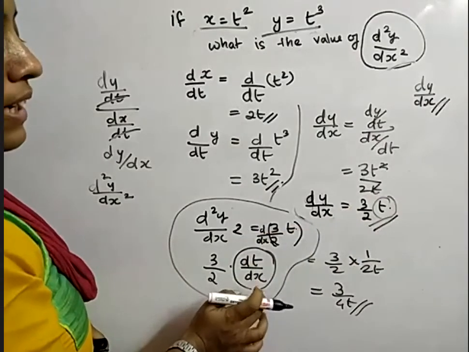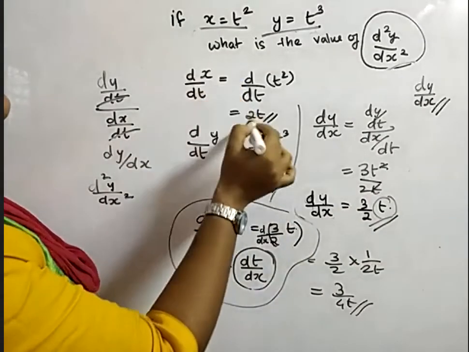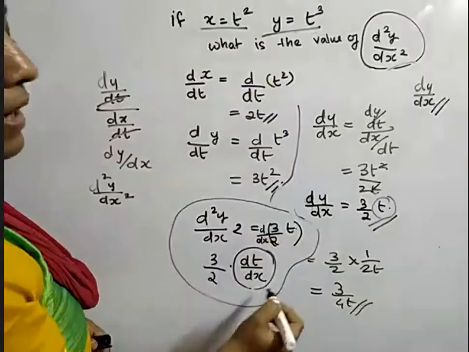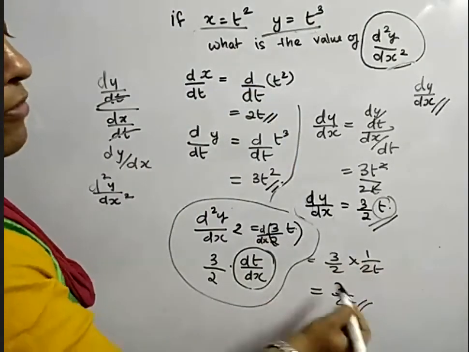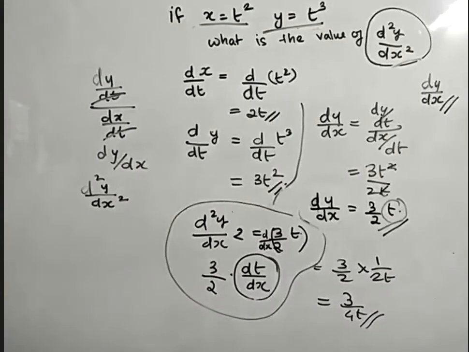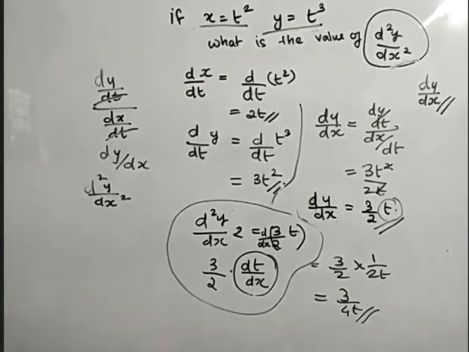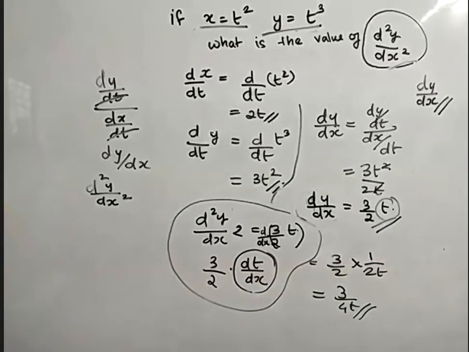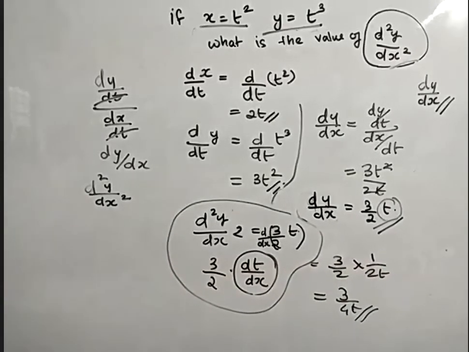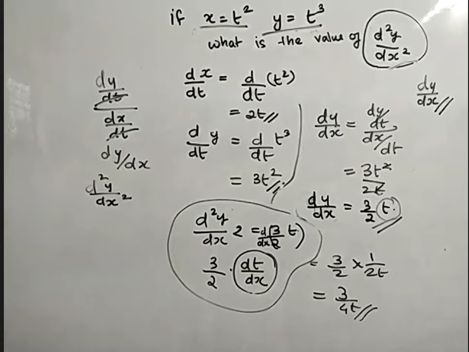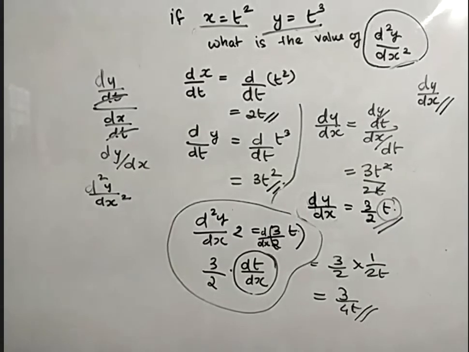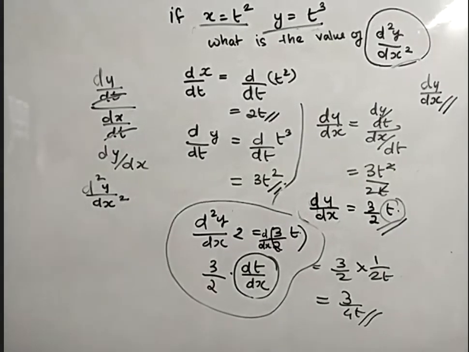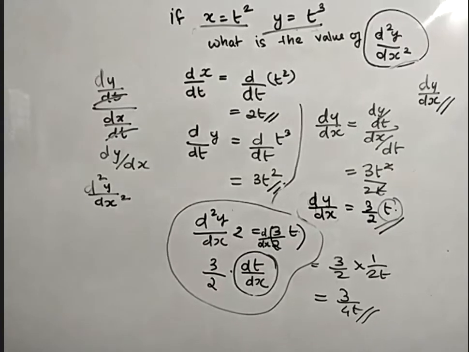What is dt by dx? dx by dt is 2t, so dt by dx is 1/2t. So the answer is 3/4t. Is it clear?